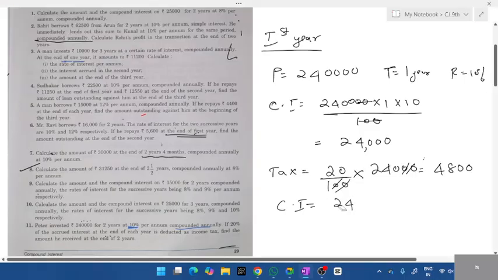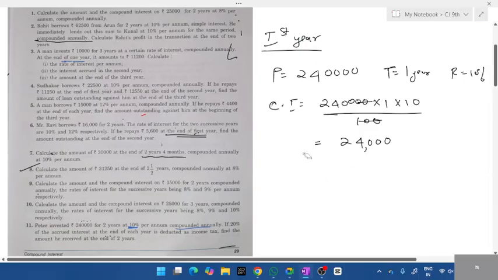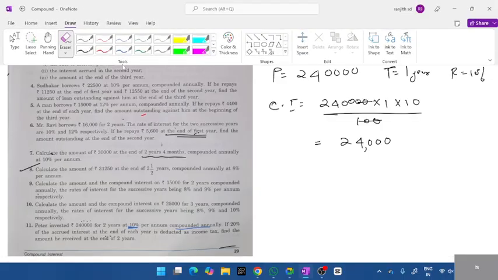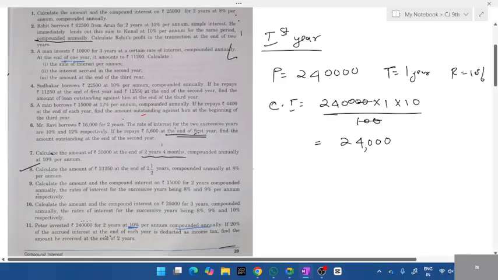Look here, you can do it in a single step. Instead of writing two steps, you can write it as, look at the screen. All of you will stop writing. When it comes to income tax calculation, do it like this. Compound interest after tax is equal to 24,000 minus, from this 24,000 only you have to minus, right?